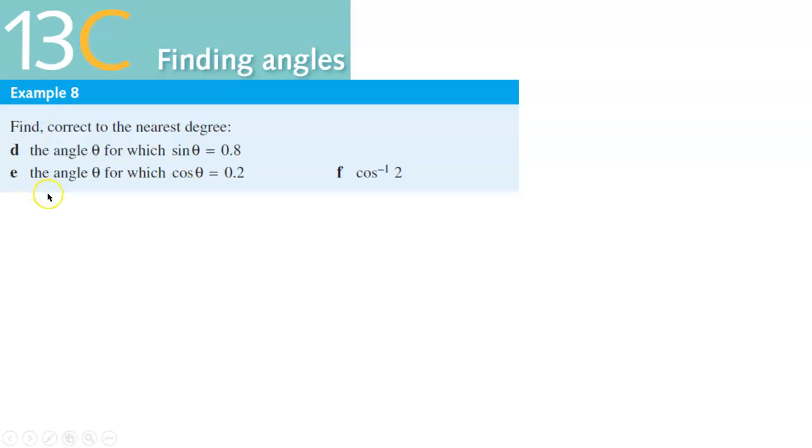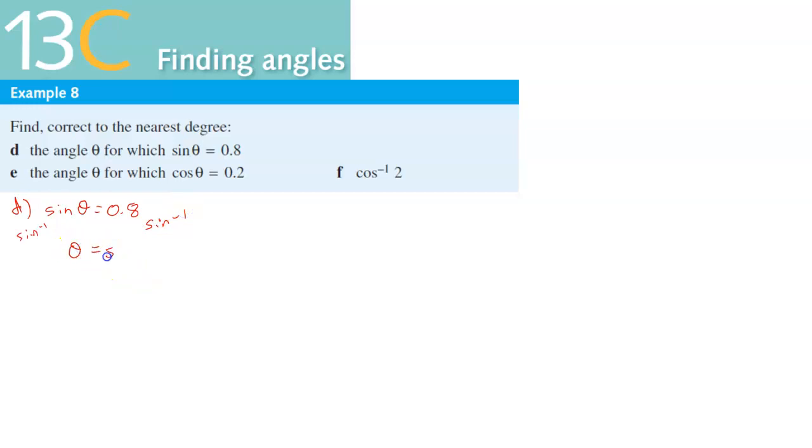So these questions are similar, but you've just got to interpret them to know what to do. So find correct to the nearest degree the angle theta for which sine theta equals 0.8. Now, if sine theta equals 0.8, then I just need to inverse sine both sides of my equation.